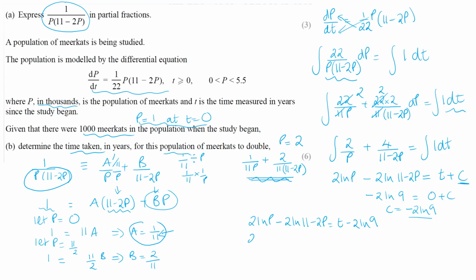So we can just say 2 the ln of 2 minus 2 the ln of, now when p is 2, we'll have 11 minus 4, so that will be 7, is equal to t minus 2 the ln of 9. And if you solve all that, take the minus 2 ln of 9 to the other side, you will get that t is equal to 1.89 years.